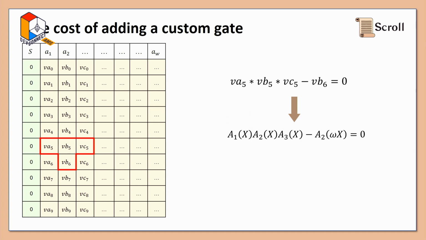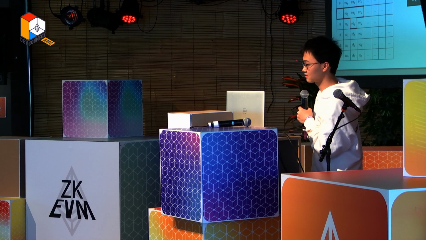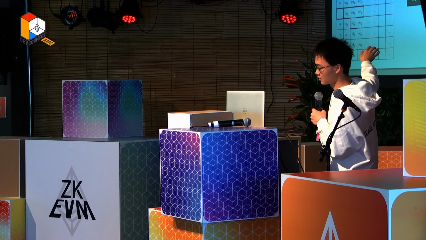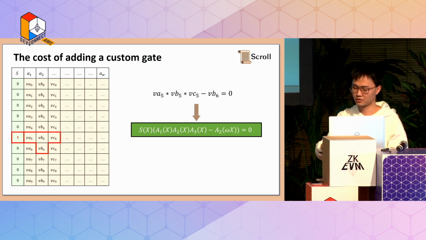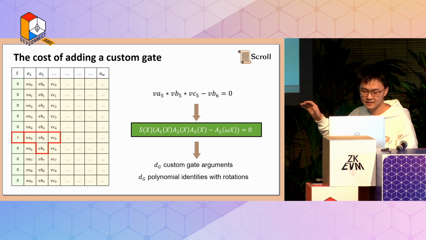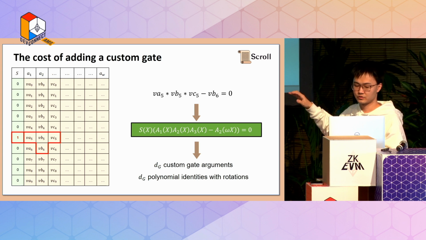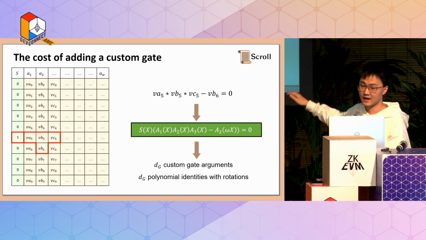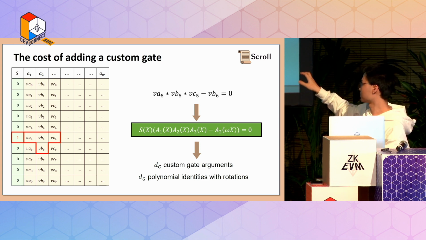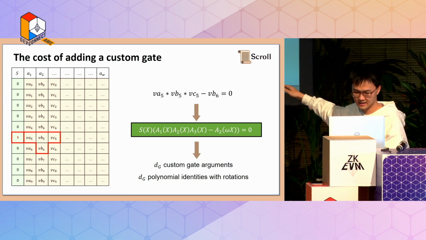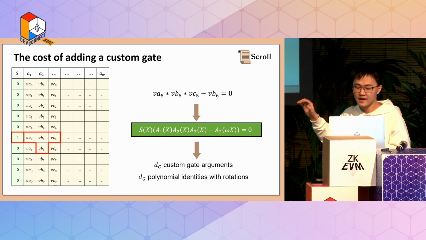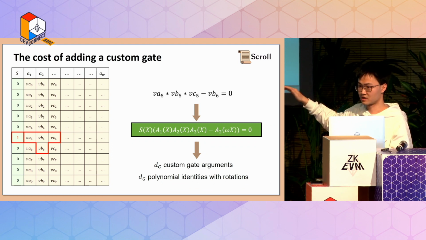That's not enough, because you only want to constrain a certain position. So you have an actual selector column, and in your polynomial you also multiply with the selector polynomial. So each custom gate results in one polynomial identity, and each polynomial identity is a polynomial with some rotations. So the number of polynomials is how many custom gates you have in your circuit.